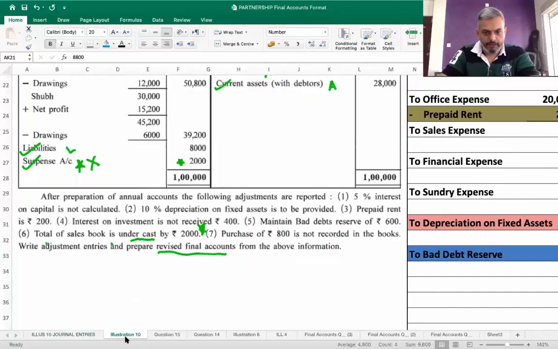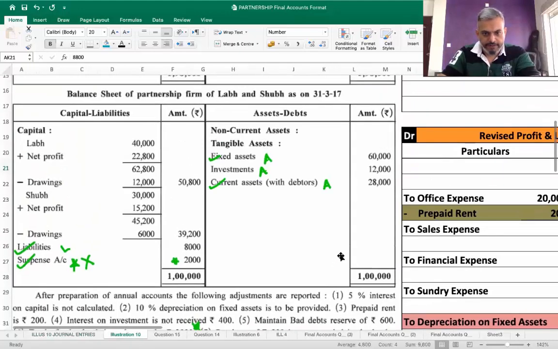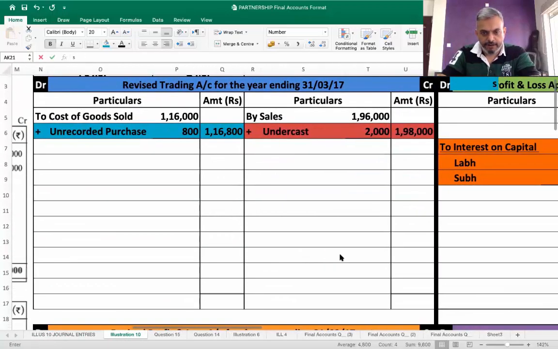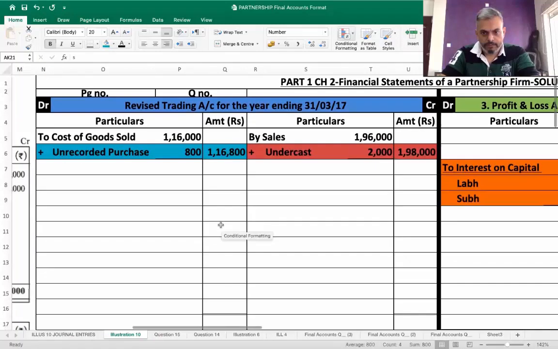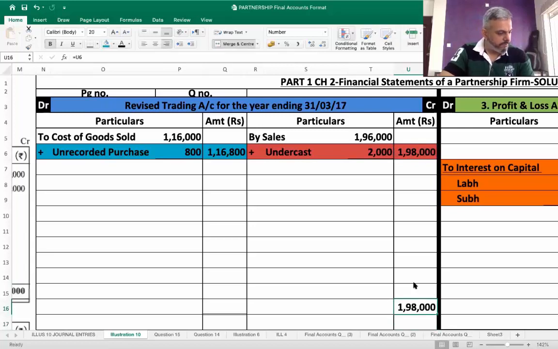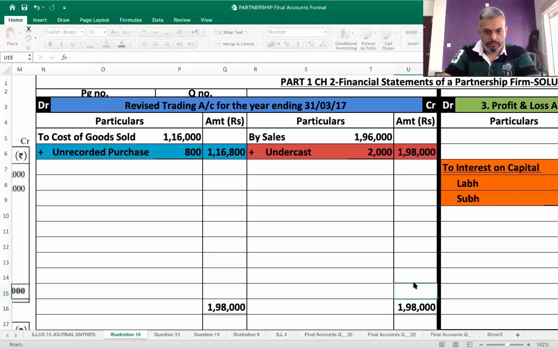Now go back to the sum. Check whether we have given two effects of all. If yes, then let's start closing. Credit side is more.